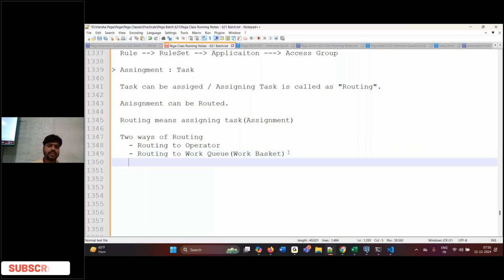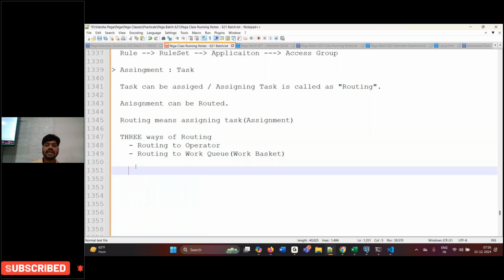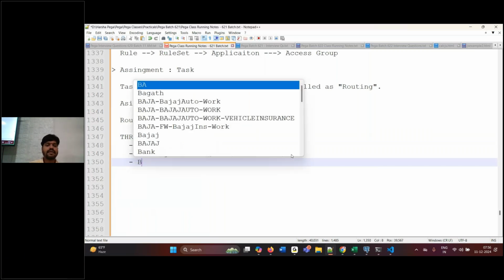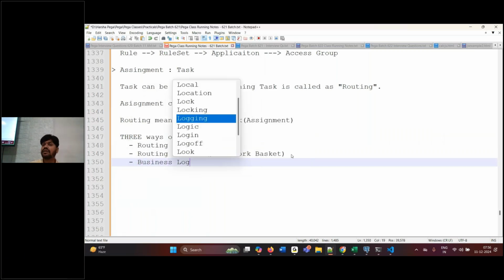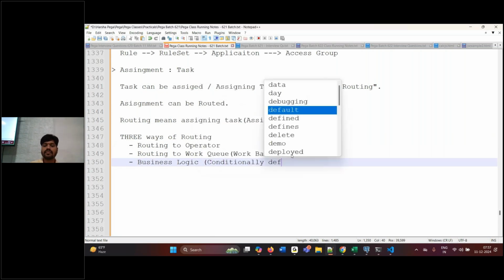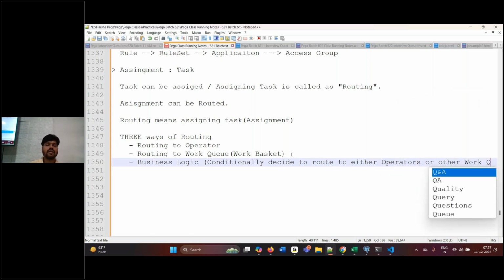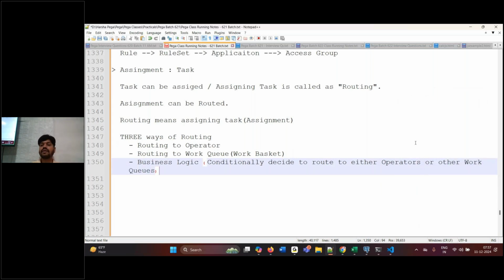There is another one; actually there are three ways, I'm sorry. What is the other one? Business logic. Business logic means conditionally deciding at runtime whether to route to operators or to other work queues. Here I will say route to user 1, done.